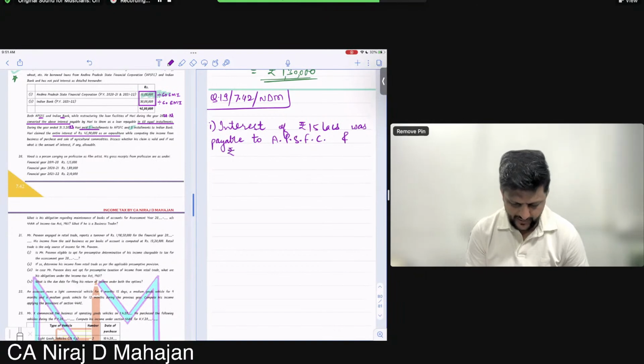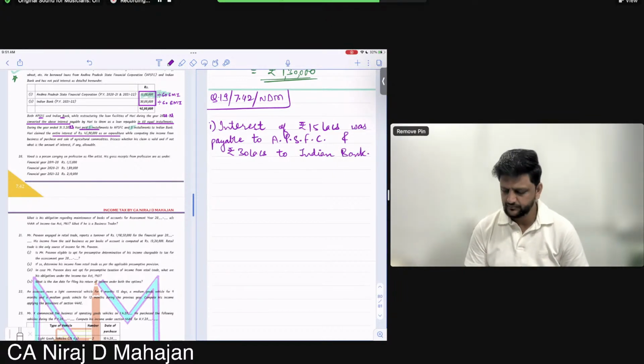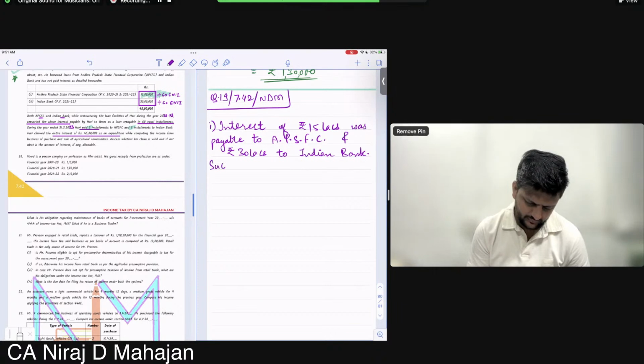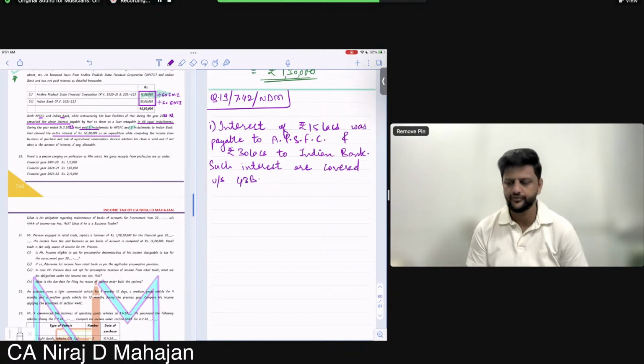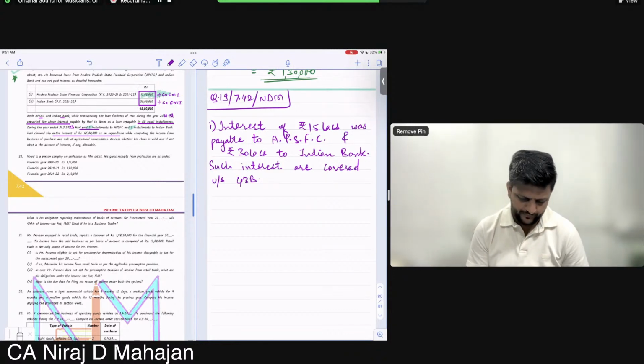And rupees 30 lakhs to Indian Bank. So the interests are covered under section 43B. However, it is not actually paid.